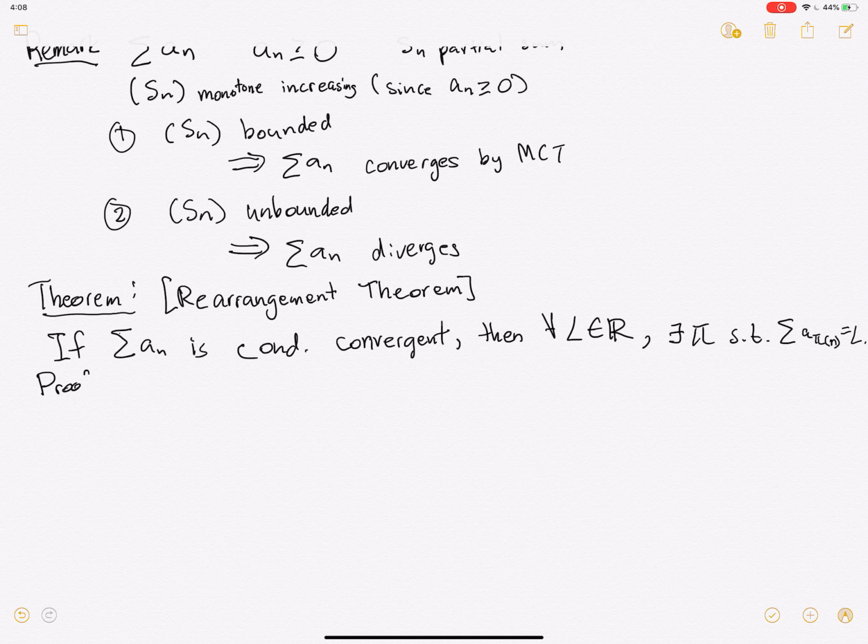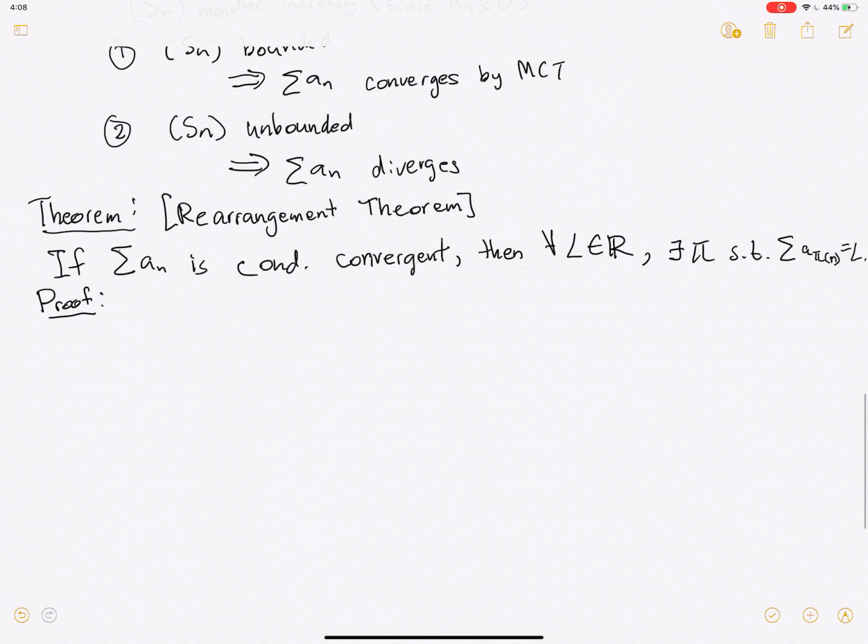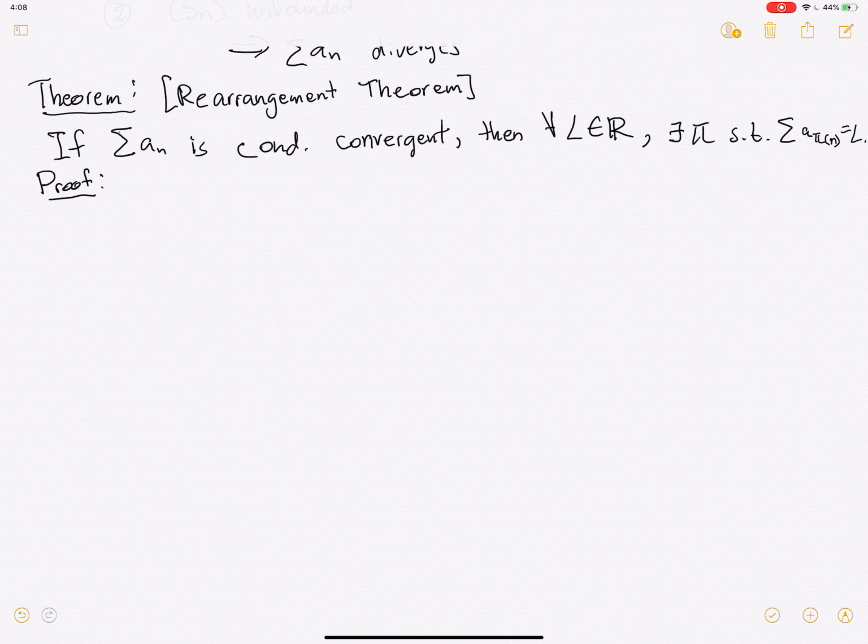In the previous case, we got that it would always converge to the same number. In the case of conditionally convergent, it can converge to any real number.